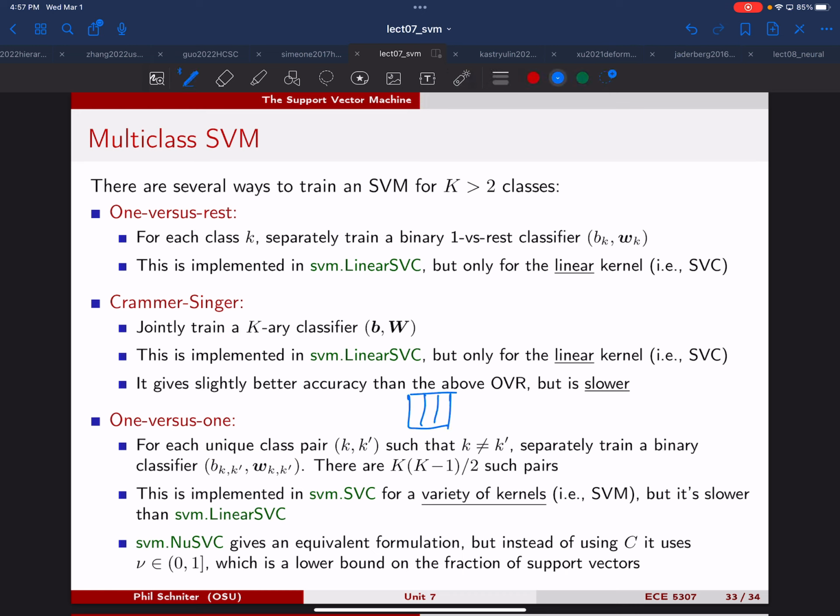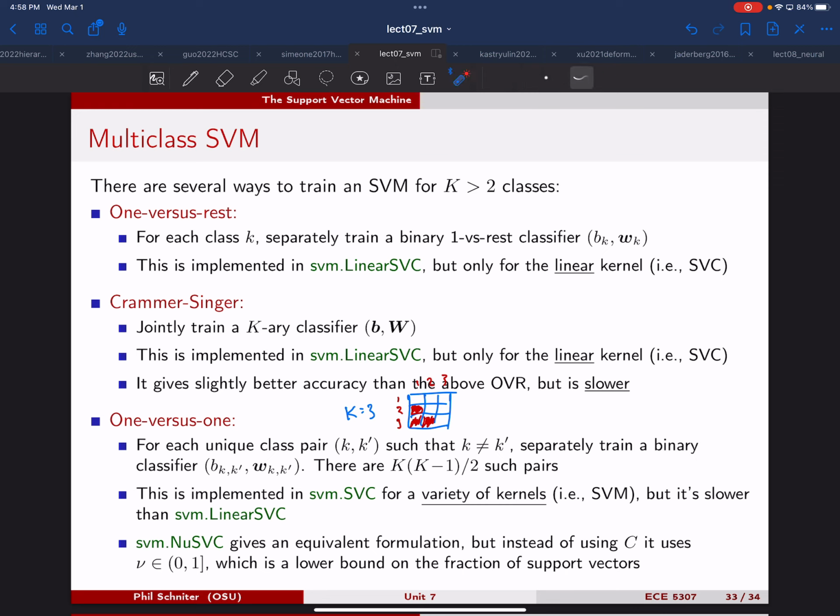Make a little table here. K equals 3. How many unique class pairs do we have? We would have 1 and 2, 1 and 3, 2 and 3. Those would be the 3 unique class pairs for three classes total.